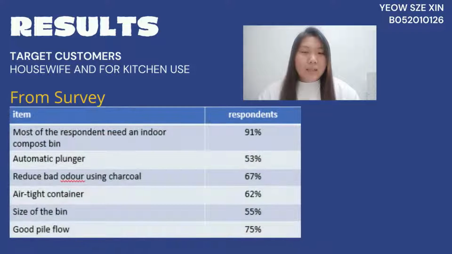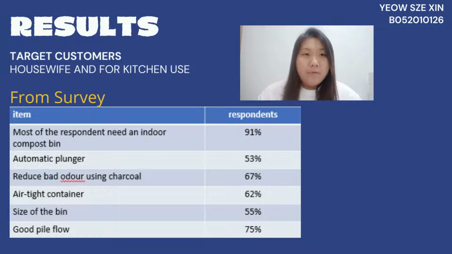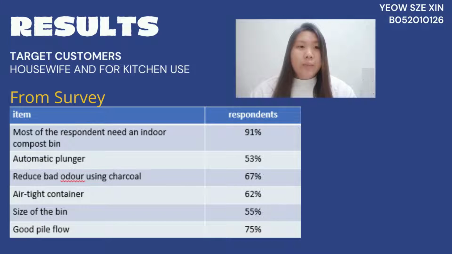My name is Yao. Now I want to talk about our result for our indoor compost bin. Our target customer is housewives, and our recommendation is for kitchen use in houses. Around 53% of the respondents need an automatic plunger.